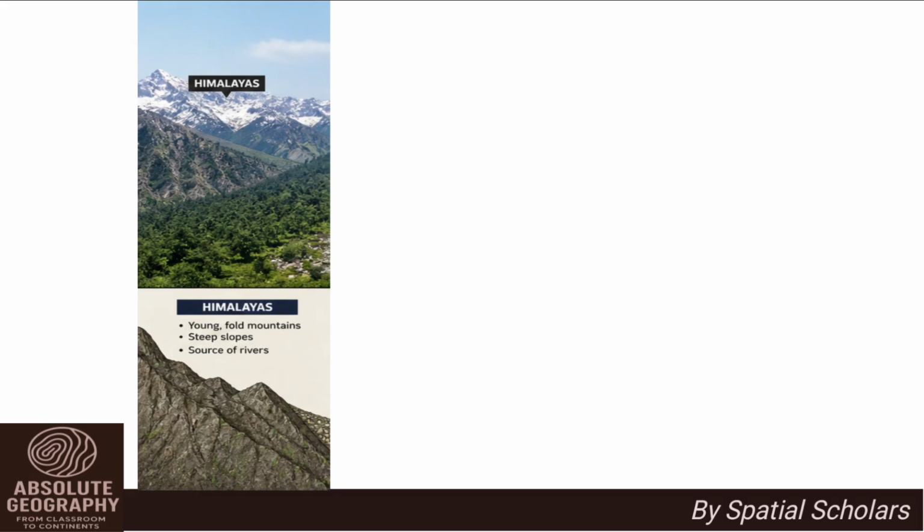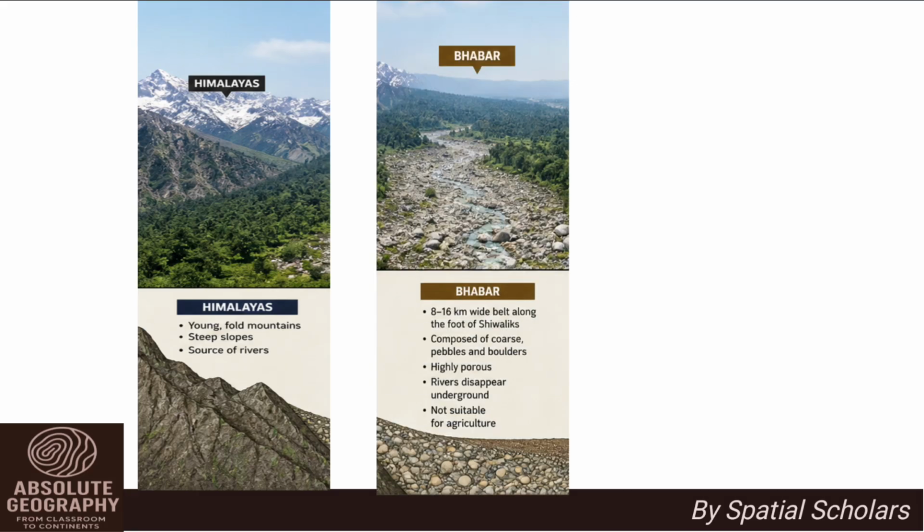Starting with Bhabar, it is a narrow belt lying along the foothills of the Shivalik range, extending from the Indus to the Teesta river. Its width generally varies between 8 and 16 kilometers. This region is characterized by deposits of pebbles, rocks and boulders brought down by the rivers descending from the Himalayas.